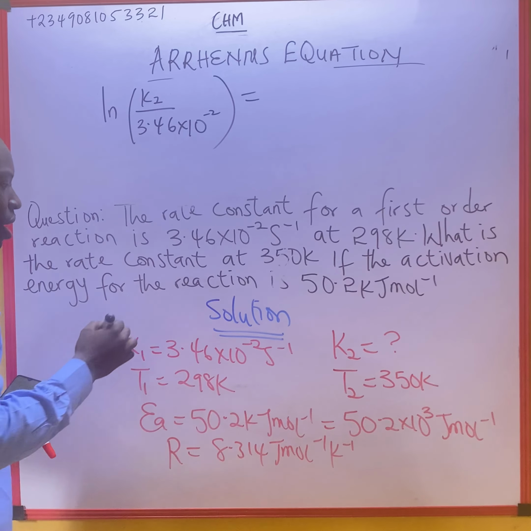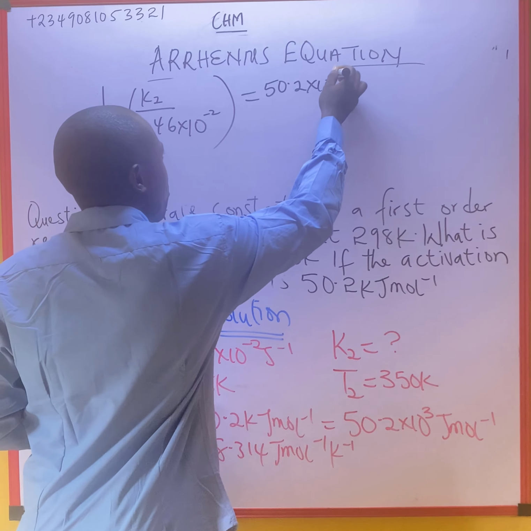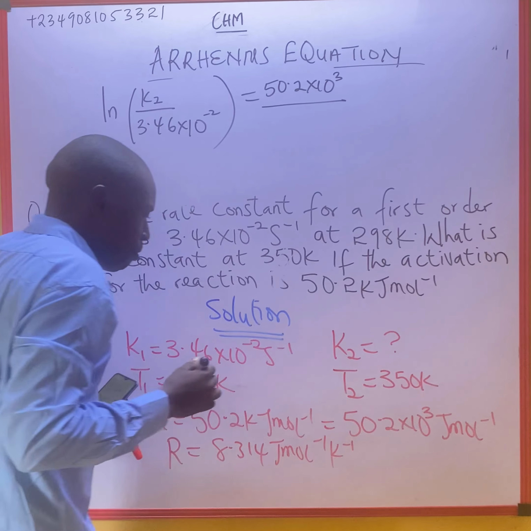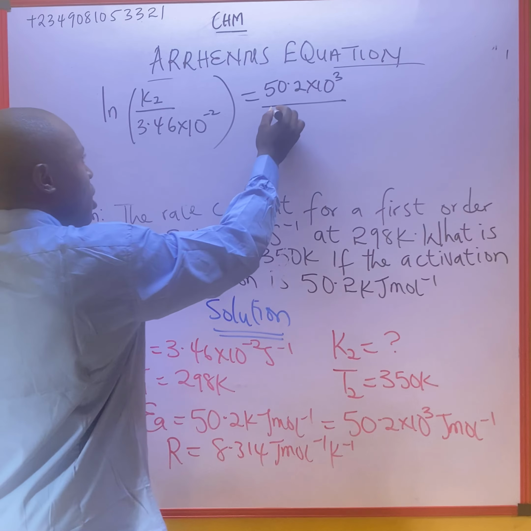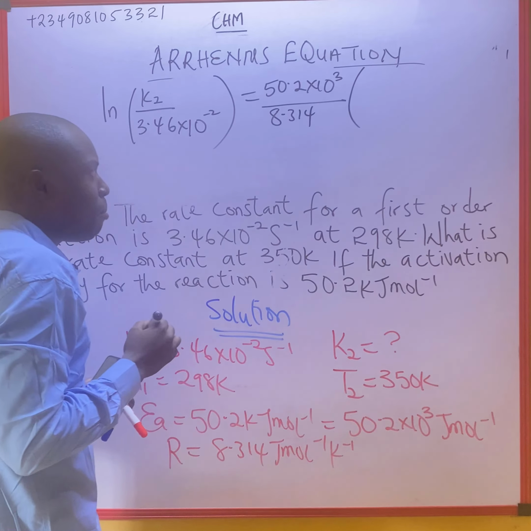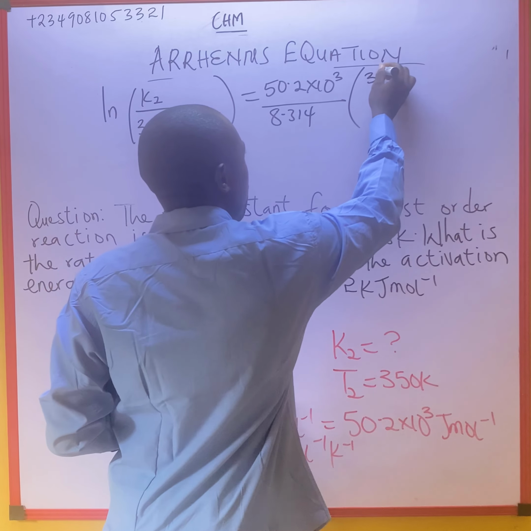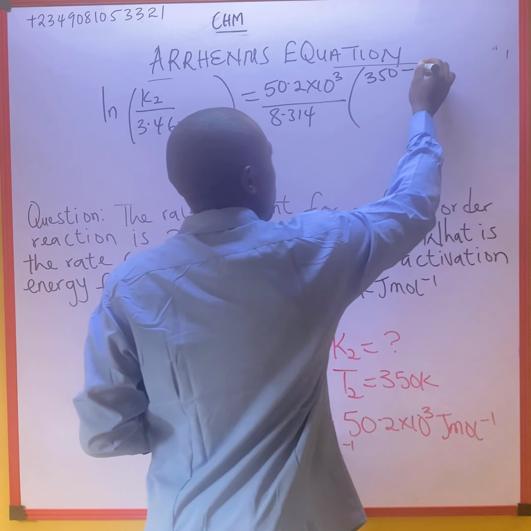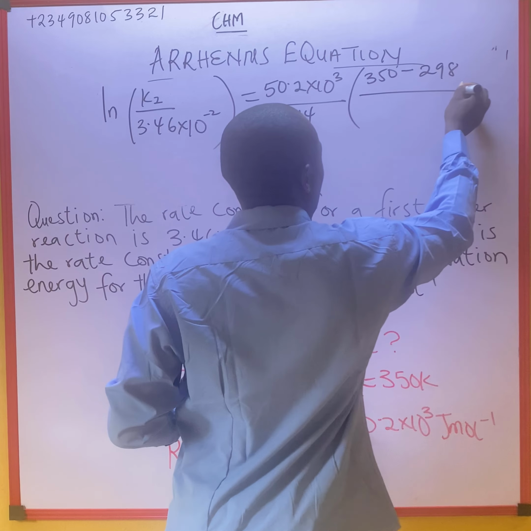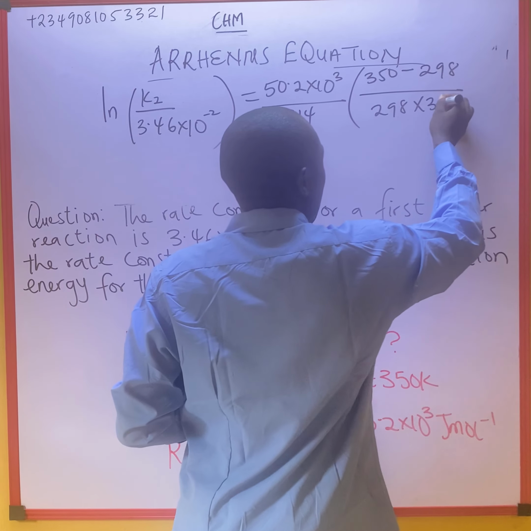My Ea was 50.2 times 10 raised to the power 3 over my gas constant R, which is 8.314. Now, remember, it is T2 minus T1. The T2 is 350 minus 298 over 298 multiplied by 350.